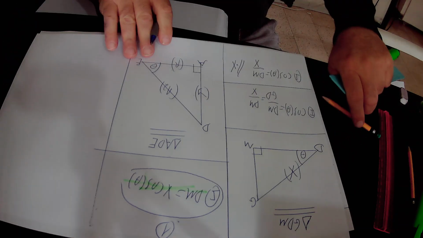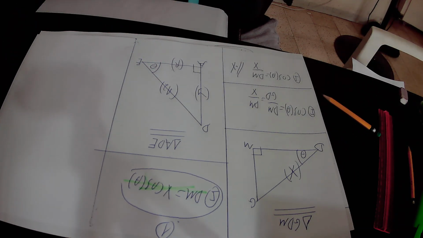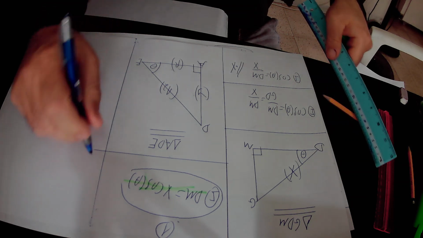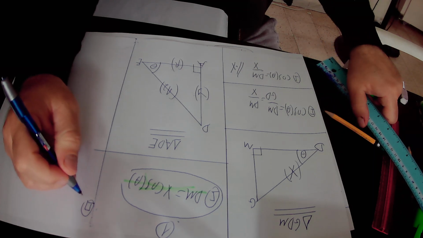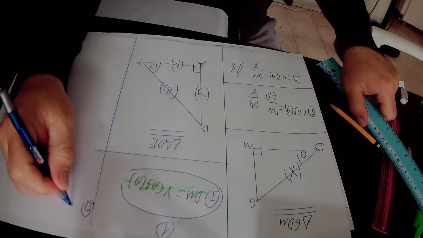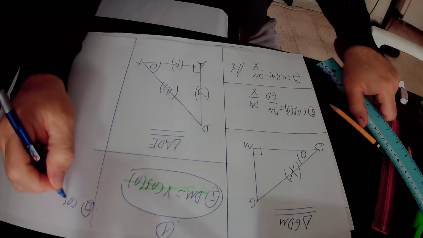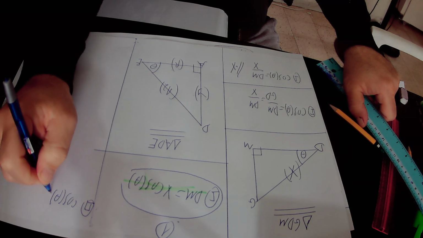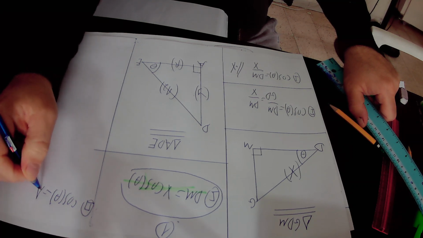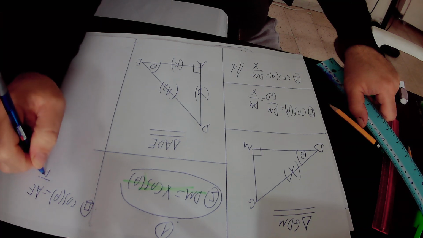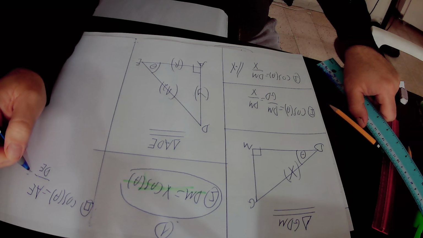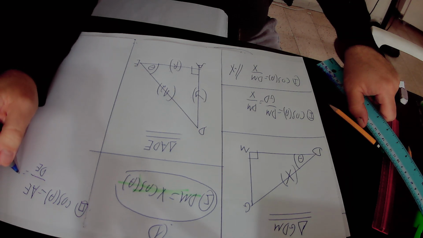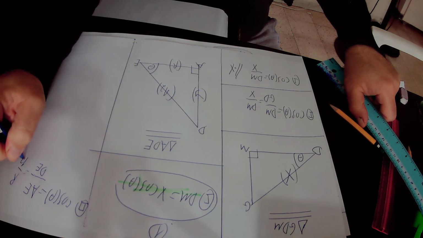So actually, this is the right triangle ADE, copied from the original drawing. In this right triangle ADE, it is very easy to see that cosine theta equals AE over DE. So cosine theta equals, AE is R and DE is 12.